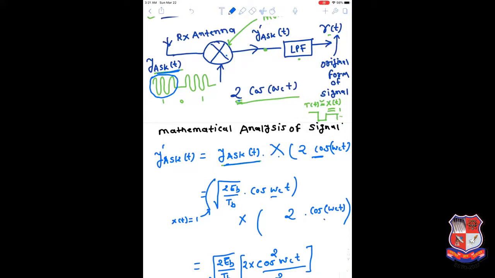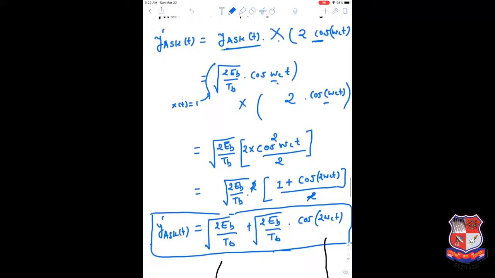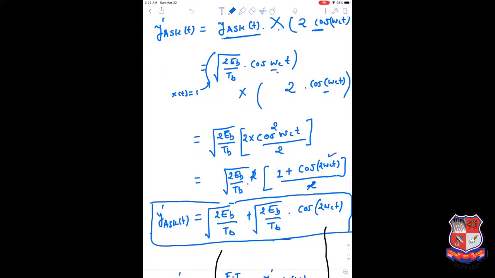It is multiplied here with 2 cos omega ct. We go through some mathematical expression and simplify this. The cos square omega ct can be simplified as 1 plus cos 2 omega ct by 2, and the 2 and 2 will be cancelled out.